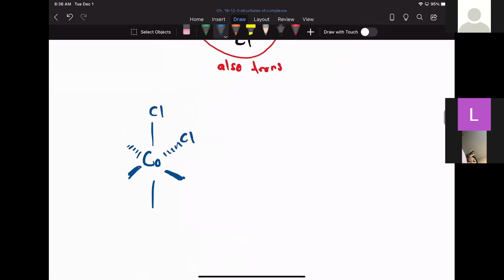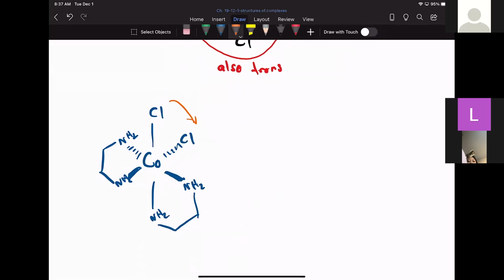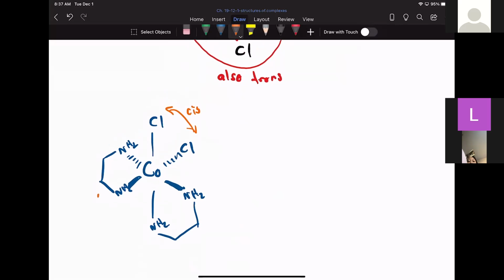And then I'm going to put NH2 along the rest of it. And we'll just join these together with two carbons, join these together with two carbons. And now we have them as cis, right? So not only are these two now cis, but as well, these two are also now cis.